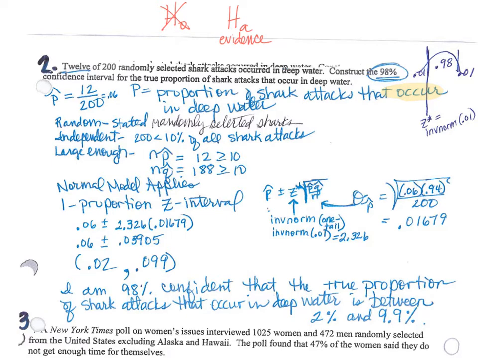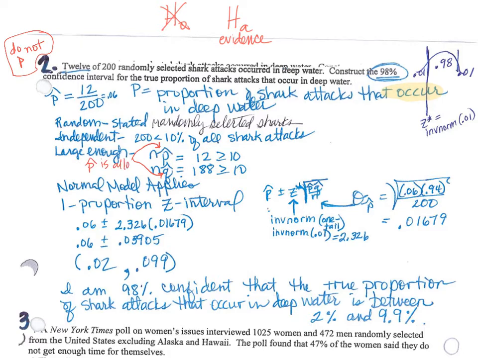Okay, this, because you do not have true P on this one. You're estimating true P. So that is why you are allowed to use P hat and 1 minus P hat on those. If you have the true P, then you use that.